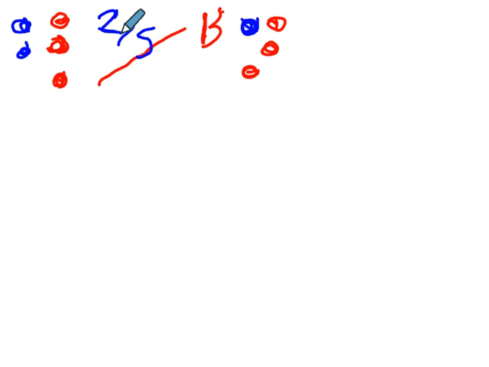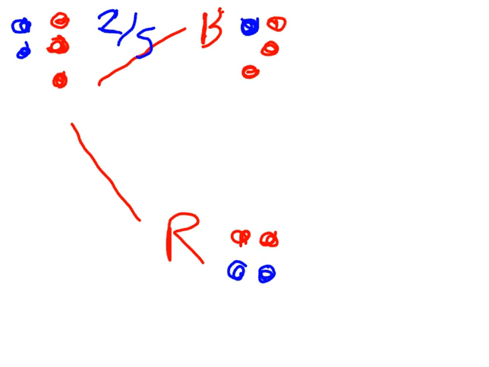So if I pulled a blue, I would now have 1 blue left and I would have 3 red left. And the probability of doing that would be 2 out of 5. Now, if I pulled a red, I would have 2 red left and I would have 2 blue left. And the probability of doing that would be 3 out of 5.